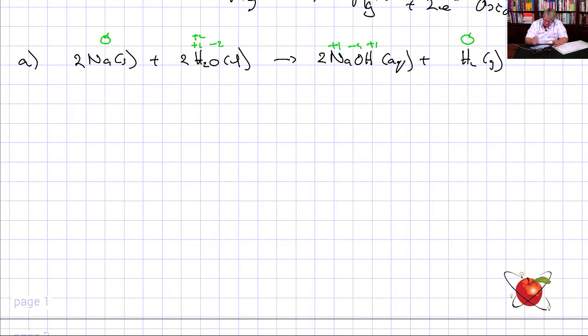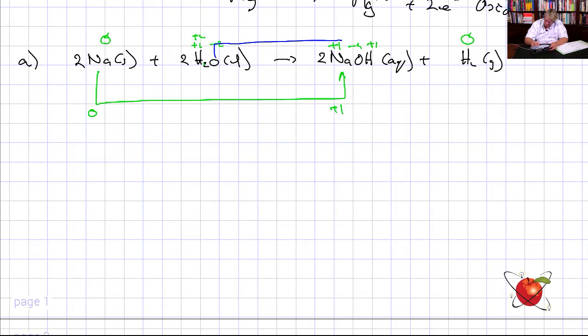So let's see what's happened here. The sodium has gone from 0 to +1. In other words, it's lost an electron. The oxygen has in fact stayed at -2.